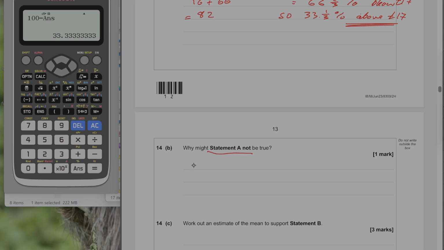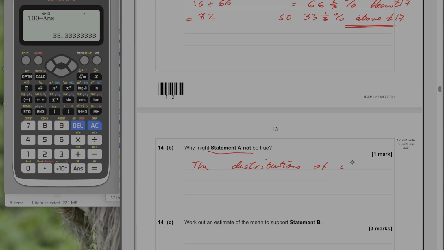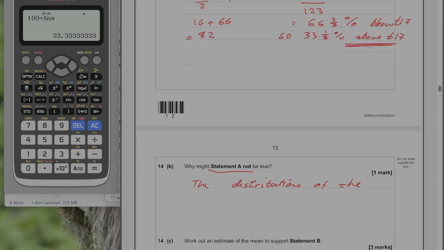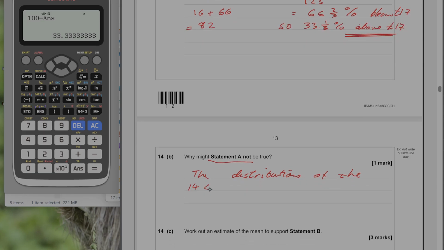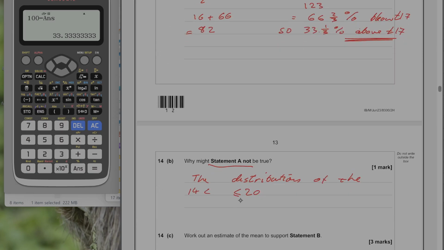The distribution of the, was it 14 to 20? 14, 20, put the right letter in the middle, P. Inequality symbol the wrong way around. May not be an even split each side of 17.